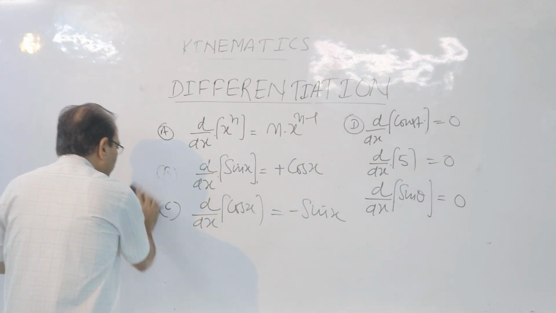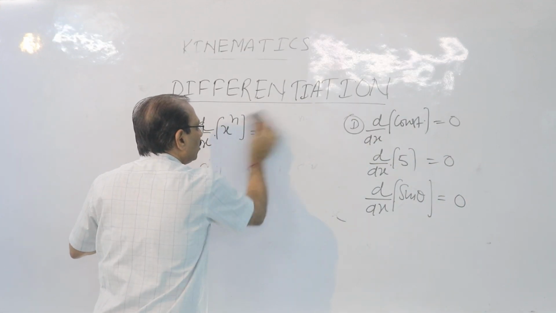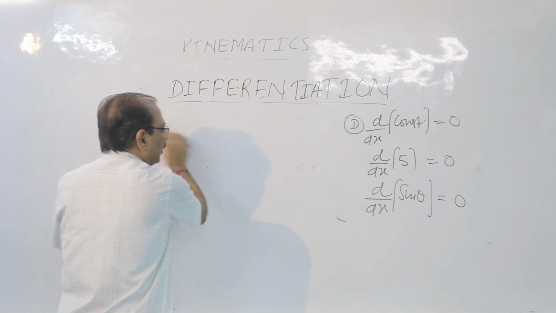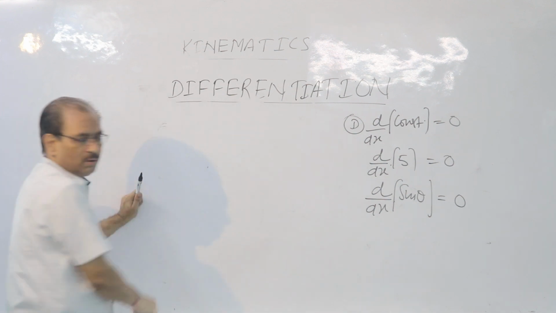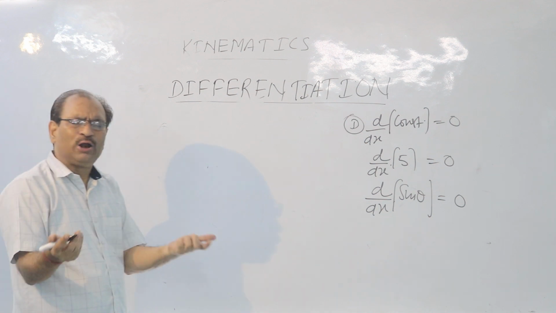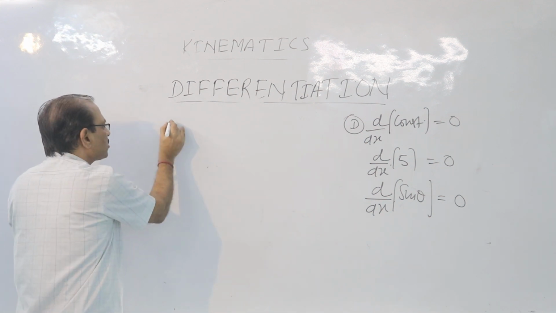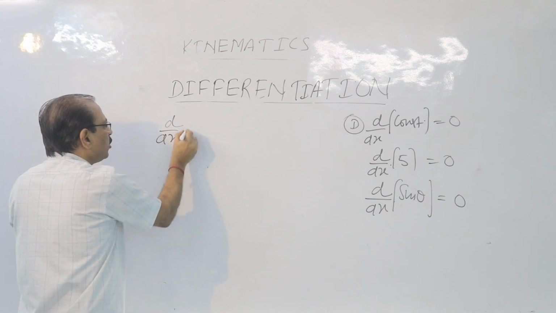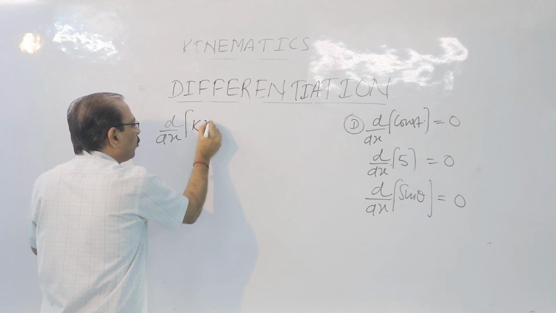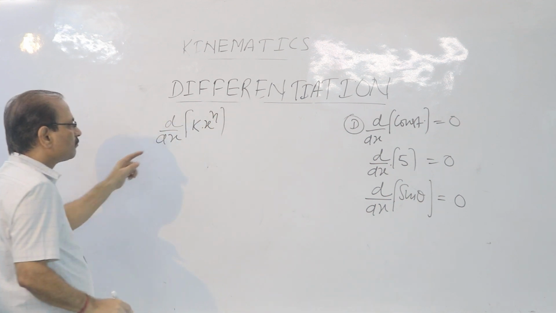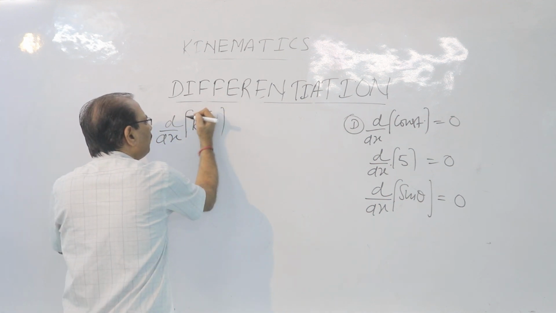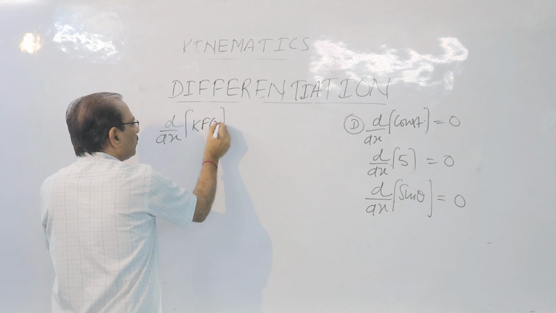Children, another important thing of differentiation I am telling you, or you can say the property of differentiation. If our function is d upon dx of k into x to the power n, or I am simply writing f(x).